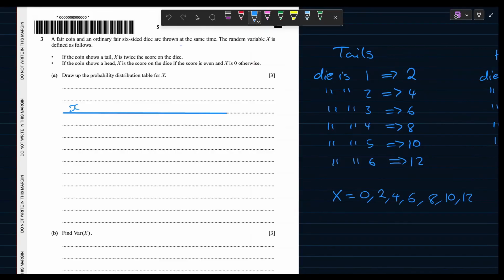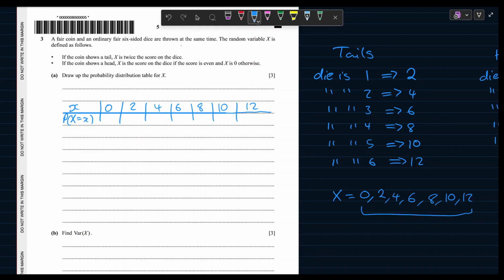That's going to be x, and then the probability of x equal to x. So we said the values that our random variable can take are as follows: 0, 2, 4, 6, 8, 10, and then 12.